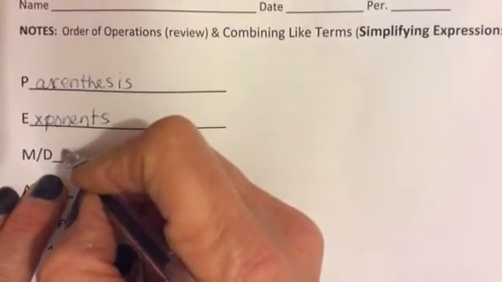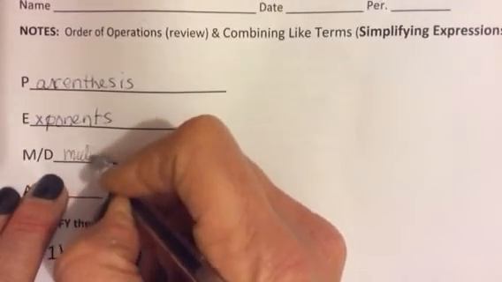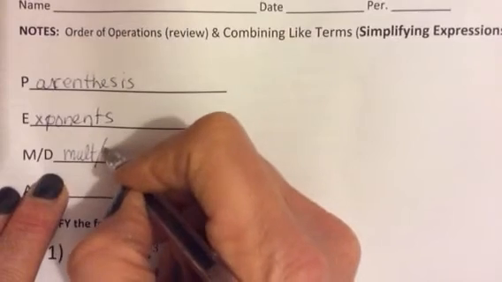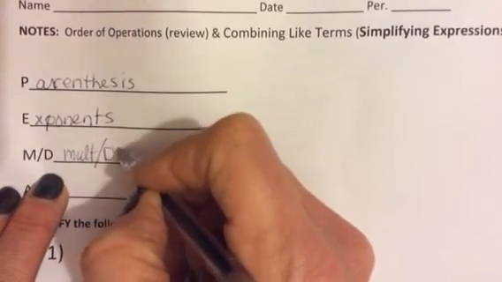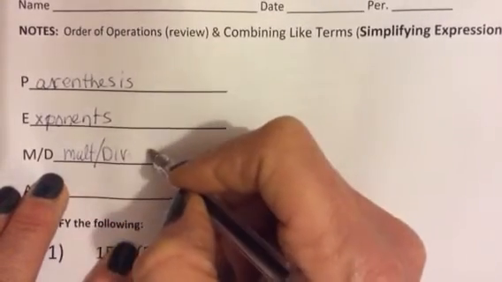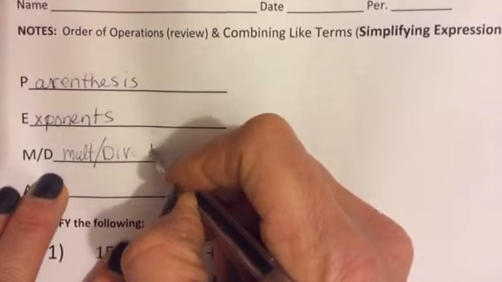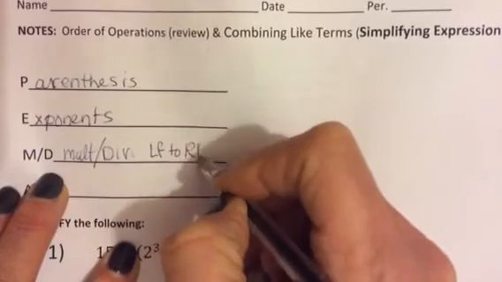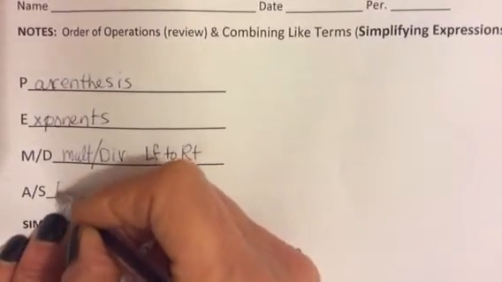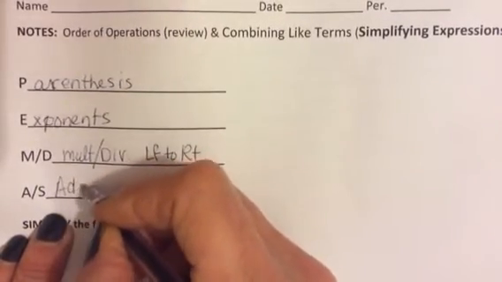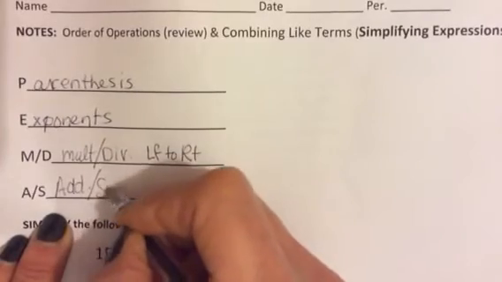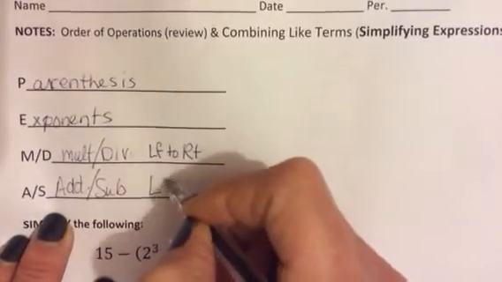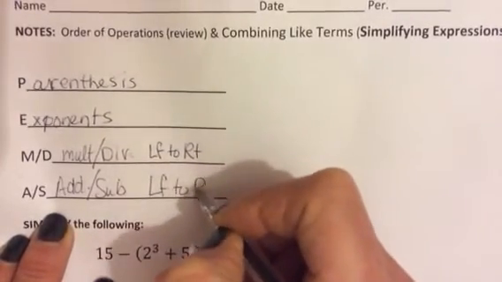So that's multiplication or division, from left to right. And then last but not least is addition and subtraction, also from left to right.